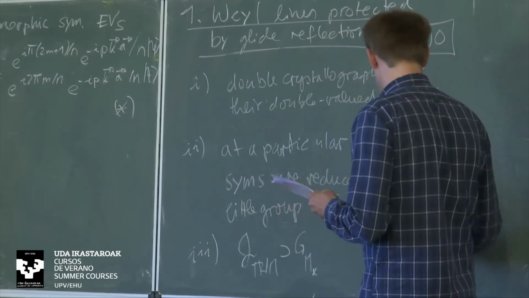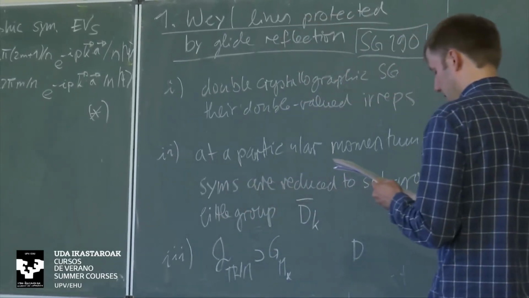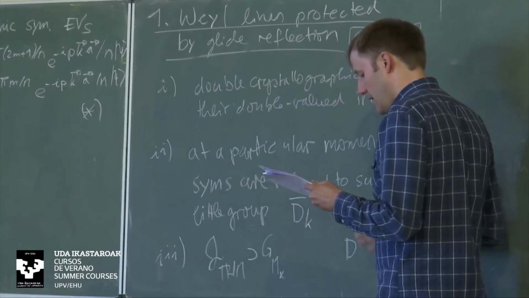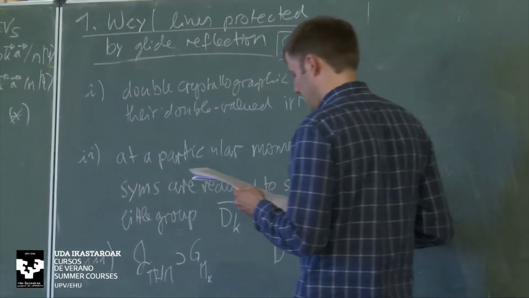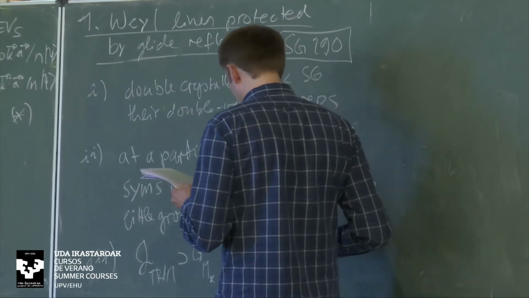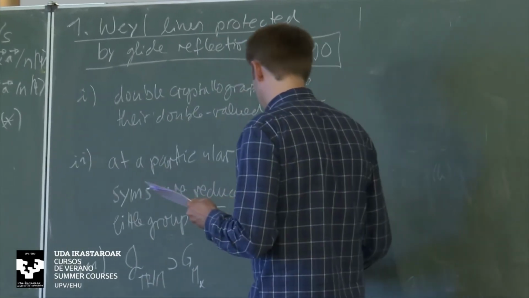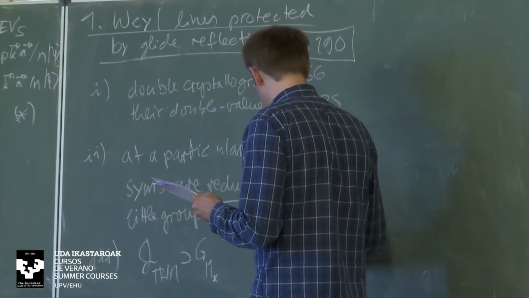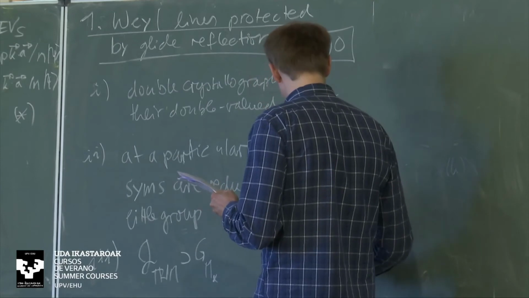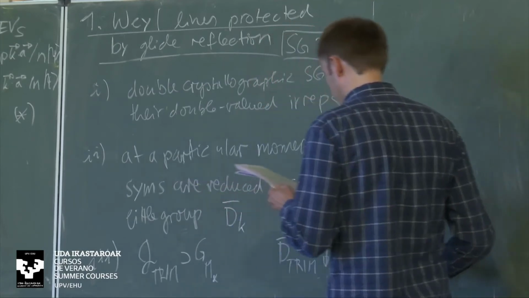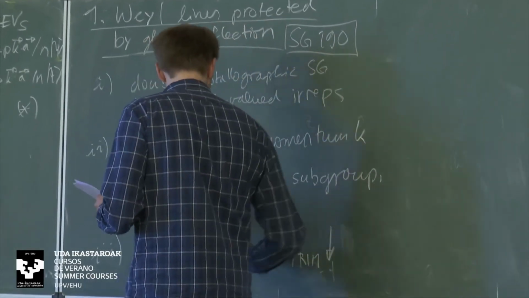And because of this, there is this compatibility relation. So I can subduce representations from this high symmetry point to the low symmetry point. So I start from this irrep at the TRIM, and then I can subduce if I now restrict myself to this lower symmetry at the general point in the mirror plane.